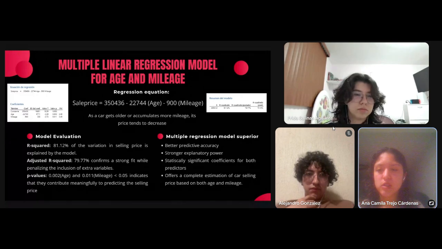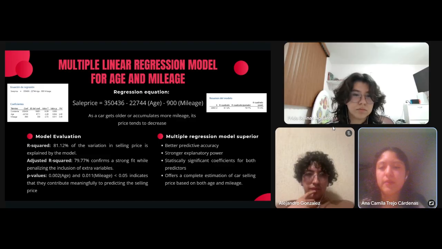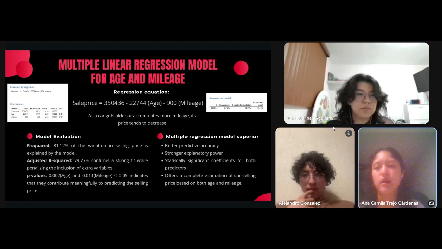For the model evaluation, we obtained that the R-squared explains 81.12% of the variation in selling price, and the adjusted R-squared was 79.77, and this confirms a strong fit while penalizing the inclusion of extra variables.